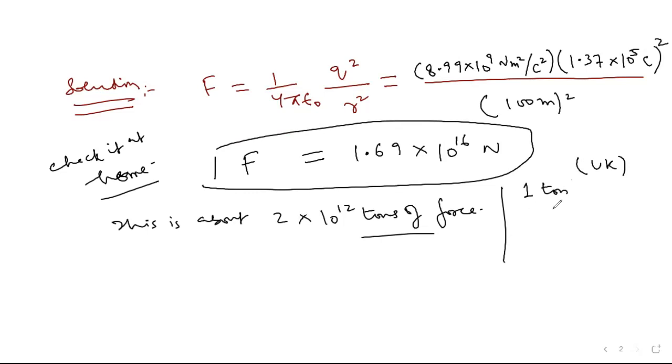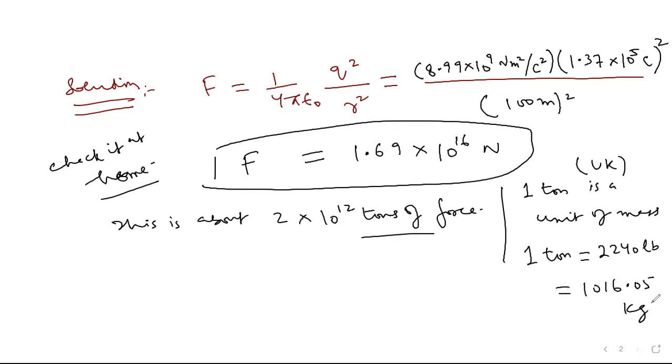We are talking in terms of ton of UK, United Kingdom. 1 ton is a unit of mass, and UK ton is equal to 2240 pound, or you can write it in kilograms, 1016.05 kg.